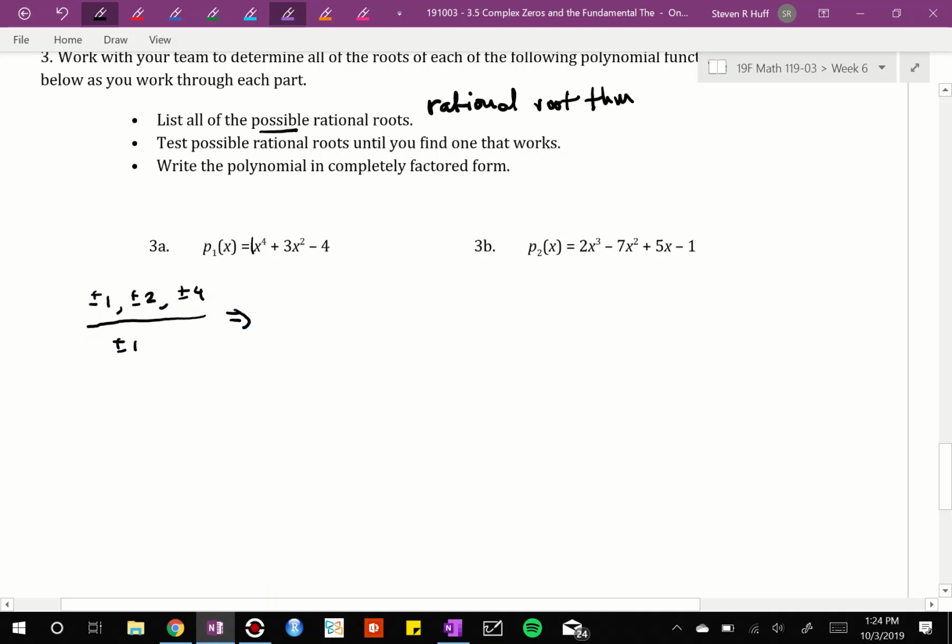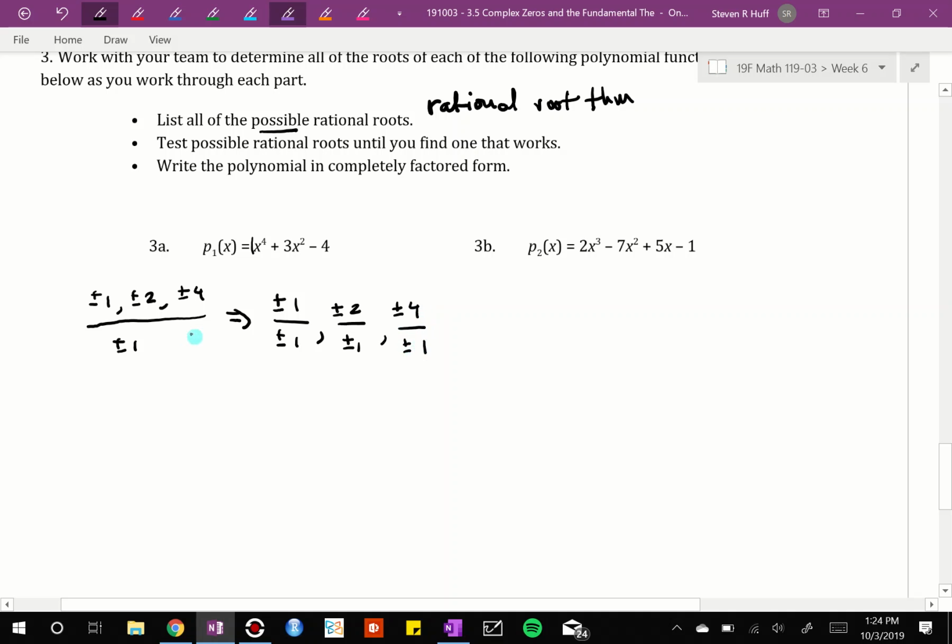Now, the way that I like to set this up is I just make my list. I don't worry about trimming it down or reducing any fractions. Just simply list them all and we can clean it up after the fact. So we have plus or minus 1 over plus or minus 1, plus or minus 2 over plus or minus 1, and then plus or minus 4 over plus or minus 1.